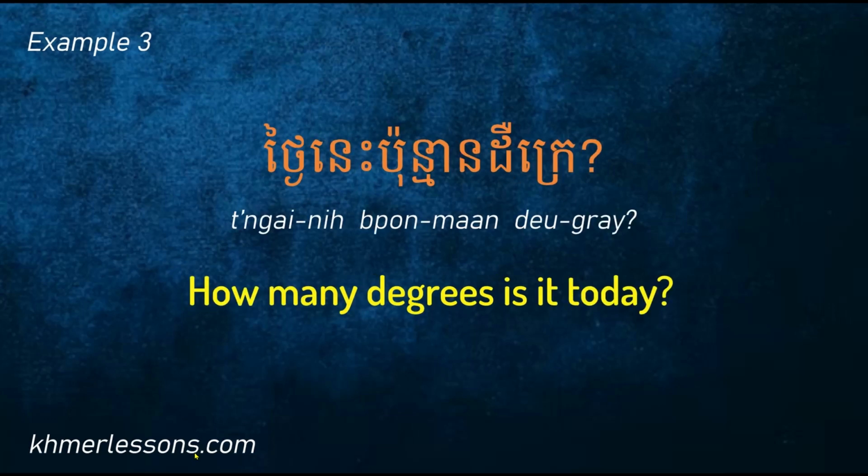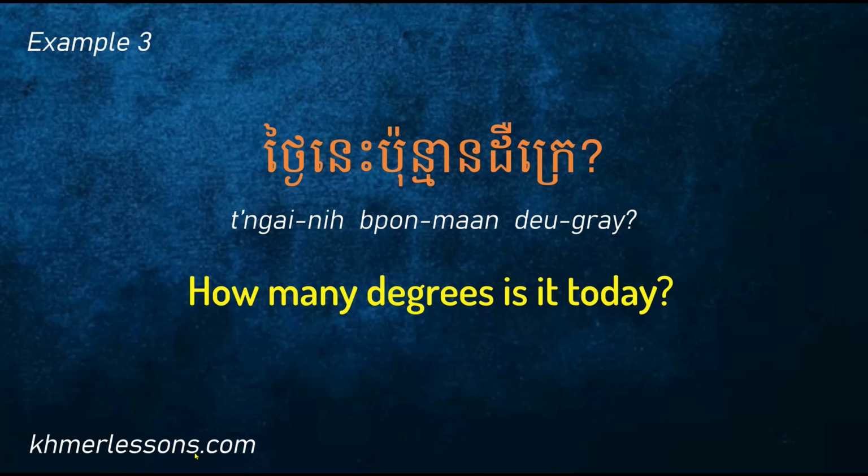Example 3. You ask about the temperature. Maybe you say what is the temperature today, or another sentence very common in asking in Khmer, which uses how many degrees is it today. ថ្ងៃនេះប៉ុន្មានដឺក្រេ.